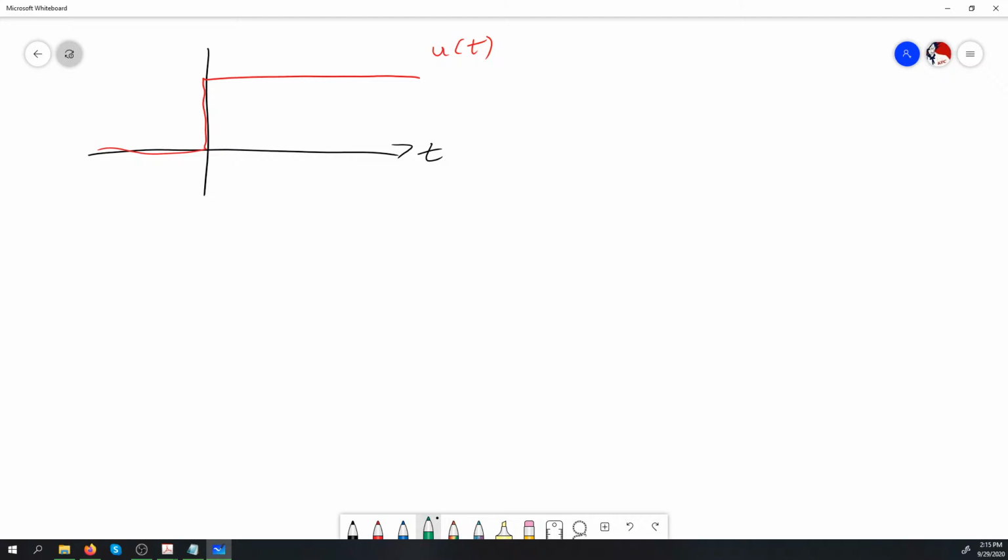And because we know a here needs to be more than 0, that means a is going to lie somewhere on our positive time axis. u of t minus a is a shifted unit step towards the right hand side because it's t minus a. So if we represent this by our green line, yeah, this would be flat here. That's going to be u of t minus a.